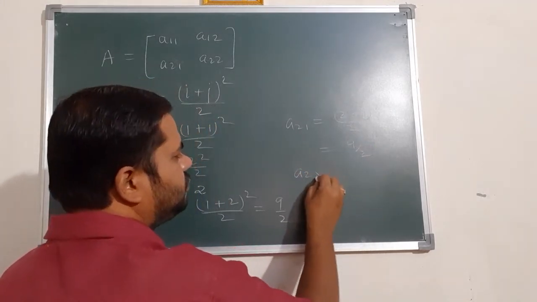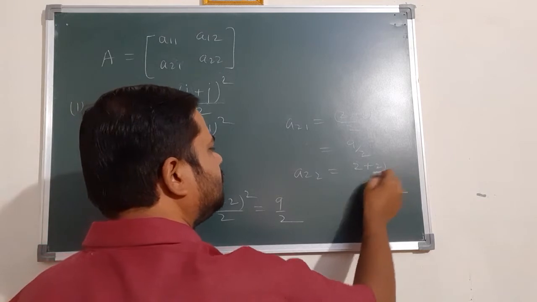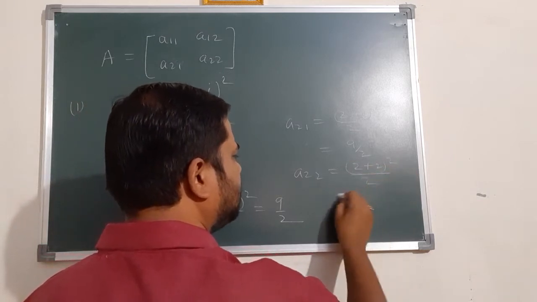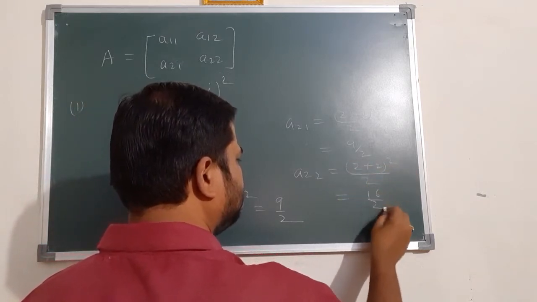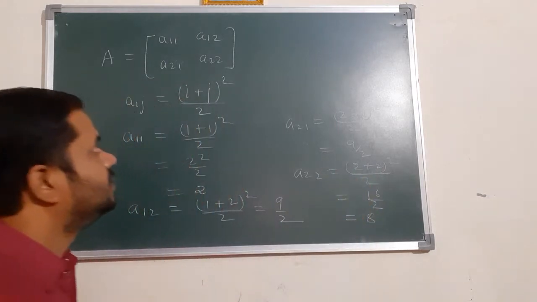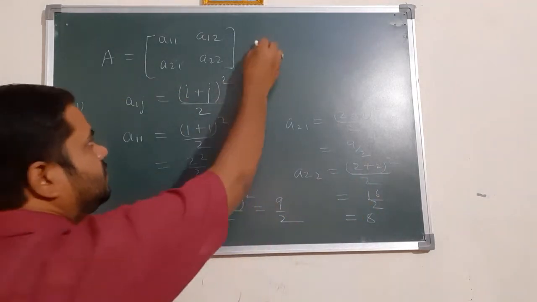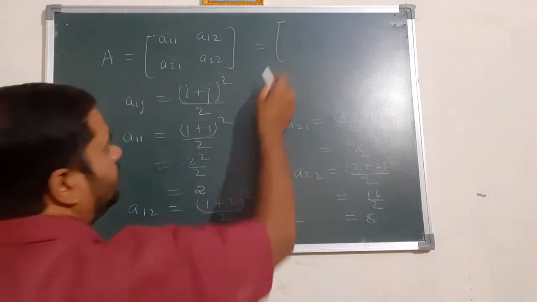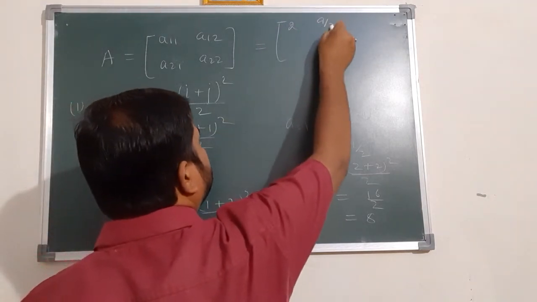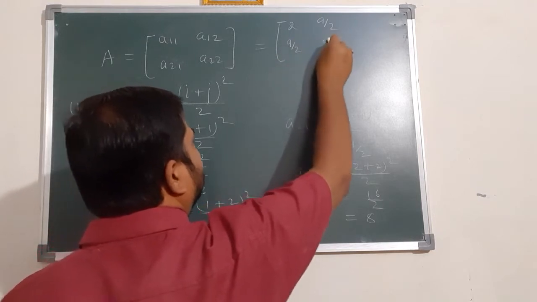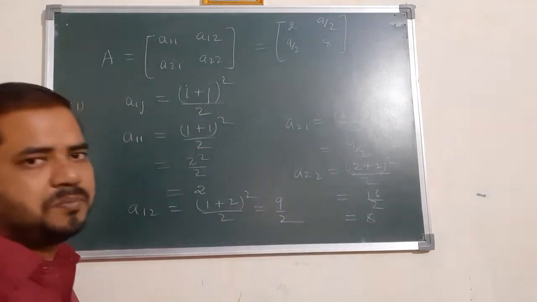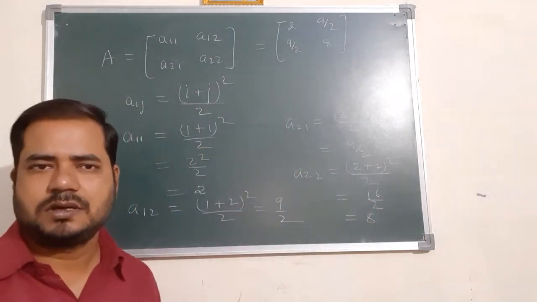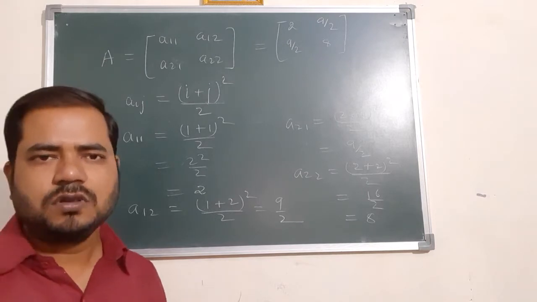And A22 is 2 plus 2 whole square by 2, which is 16 by 2, that means 8. So fill up the elements: 2, 9 by 2, 9 by 2 and 8. This is the matrix we constructed in question number 4, first part.